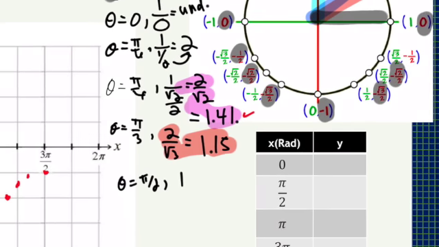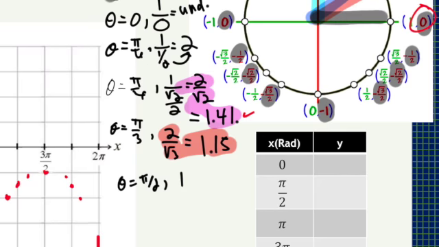Let me look at the next quadrant. If I flip negative radical 3 over 2, I get my -1.15. Then I'm going to get my -1.41. Then I'm going to get -2. And then at 2 pi, if I flip 0, I'm going to get undefined again.